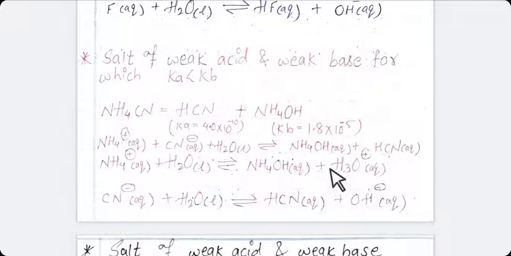The cyanide ion hydrolyzed to a greater extent than the NH4+ ion.